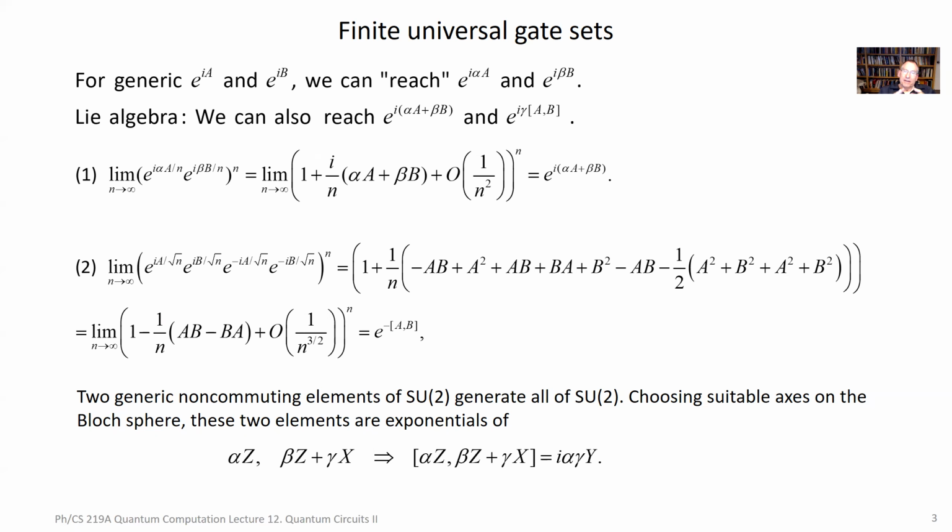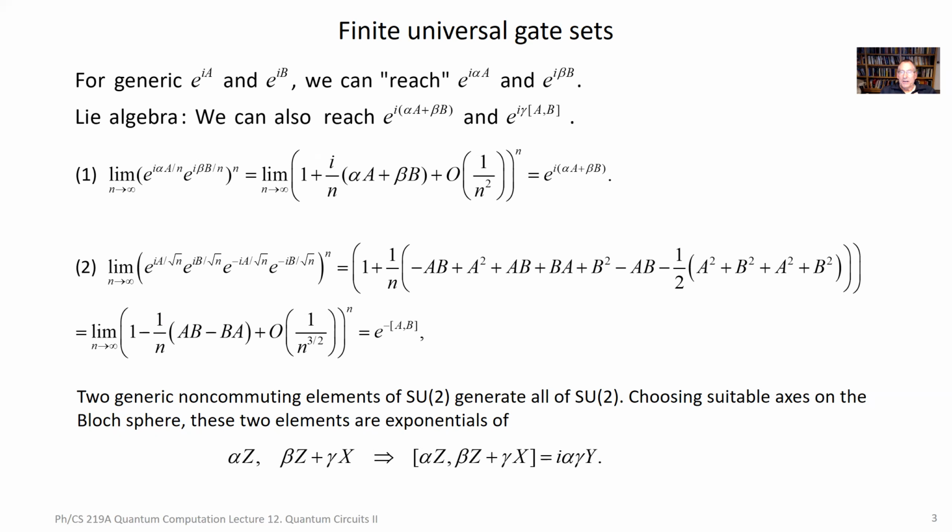In the case of the things that we can reach, in other words, get arbitrarily close to, if e to the iA has that property, or in other words, if A is such a generator, then so is A times a real number. Hence, if B is the generator of a unitary in our set, then we can get as close as we please to B times any real number as a generator, or e to the i beta B as a unitary.